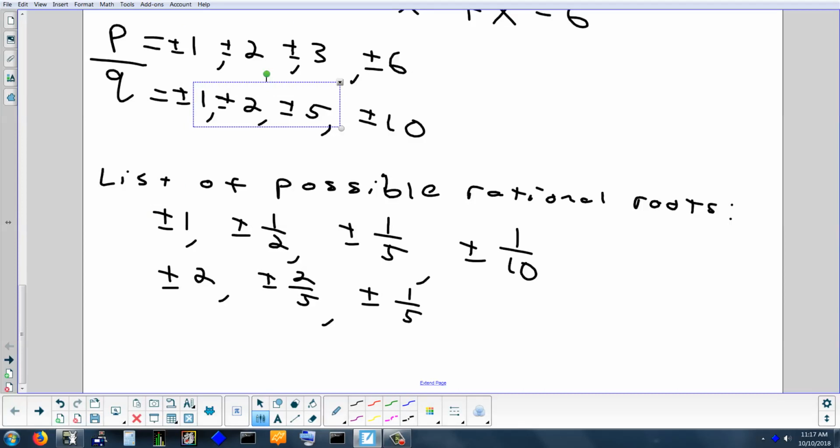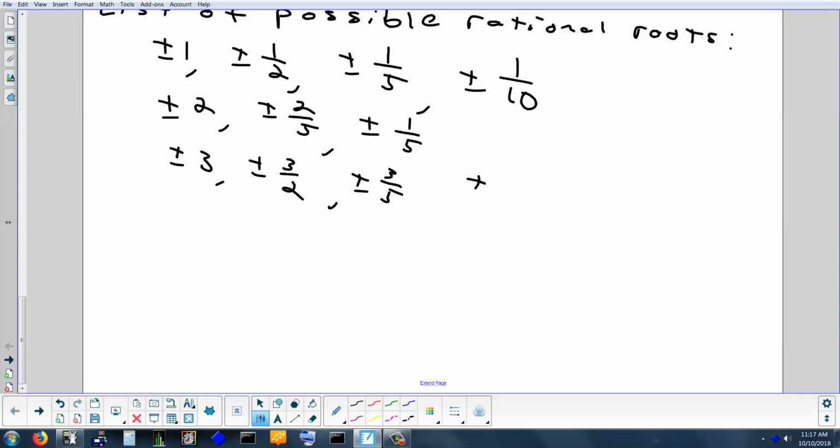What would be my next row? Plus or minus 3, plus or minus 3 over 5, and plus or minus 3 over 10. So we have 3 over 1, yep. 3 over 2, we don't have that one. 3 over 5, no, we have 2 over 5, we don't have 3 over 5. And then 3 over 10, we don't have that one.